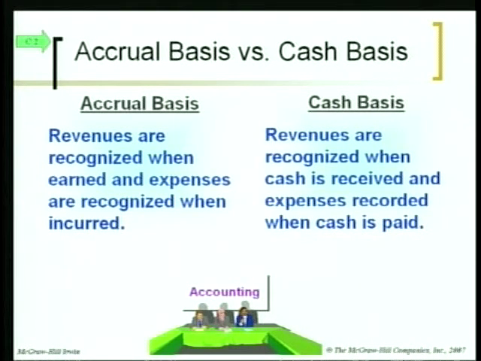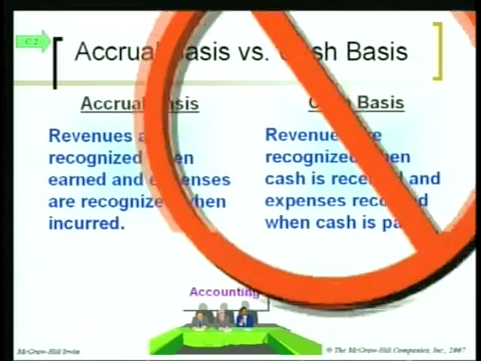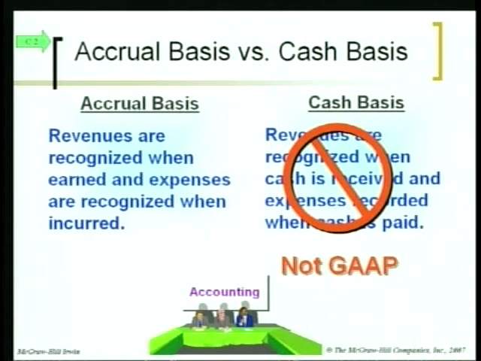Under the cash basis, you recognize an expense when you disperse money, regardless of when it is incurred. Now, the cash basis is not generally accepted accounting principle. Okay? We use the accrual basis, and that's very key. Okay? And that's why we have principles such as the revenue recognition principle.